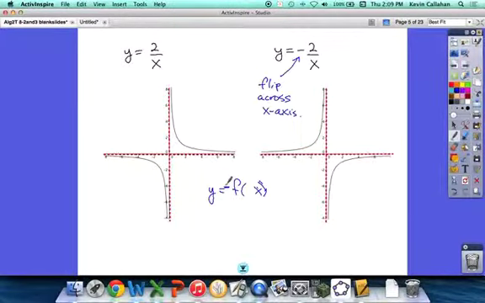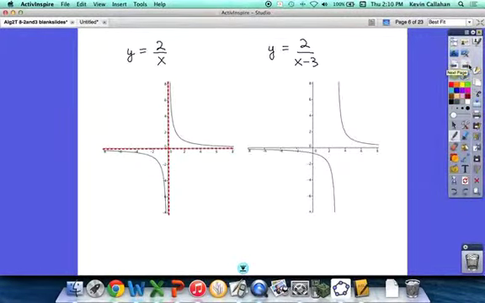The way you make it flip across the y-axis is you put the minus in front of the x. For this graph, it's the same whether I put the minus in front of the function or in front of the x. But generally, a minus in front of a function flips it across the x-axis.